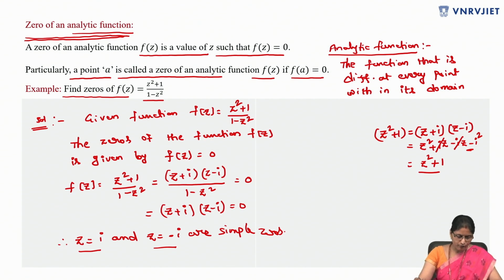Similarly, we can find the zero of mth order. This is a simple zero, so whatever problem we have done is a simple zero problem. But how can we find the zero of mth order?